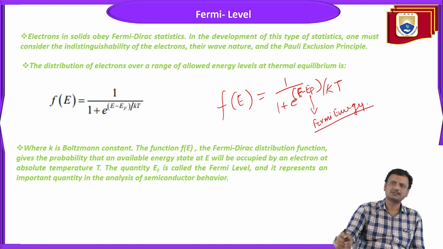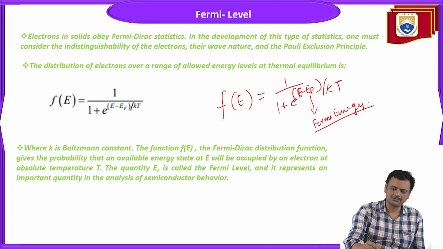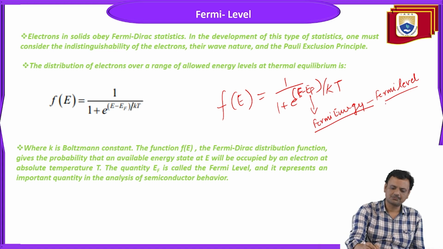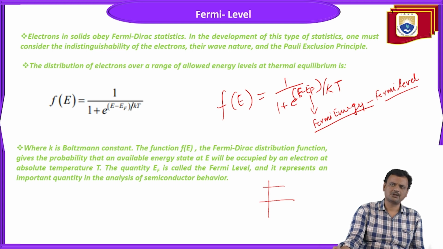So today I am discussing this Fermi level. The energy corresponding to the Fermi level, which can shift from one energy level to another, is known as the Fermi energy, and the corresponding energy will also shift with the Fermi level shifting.